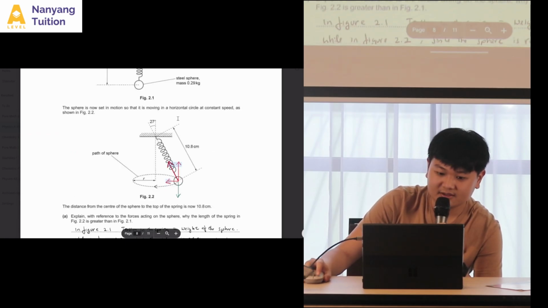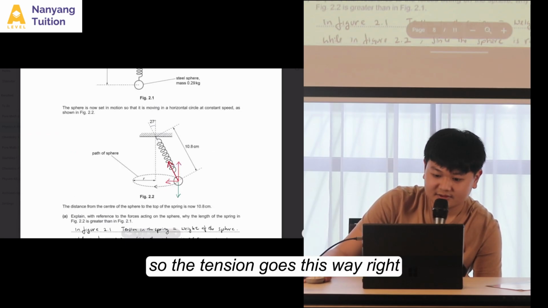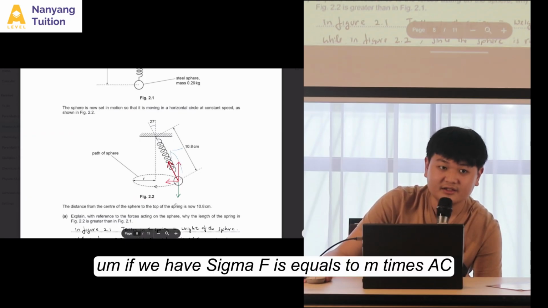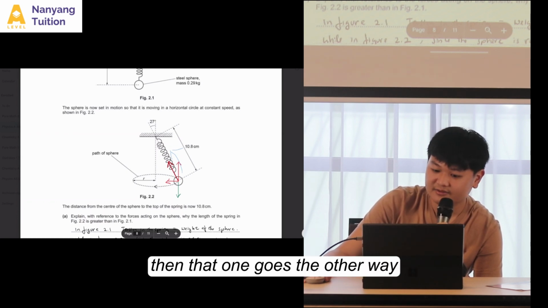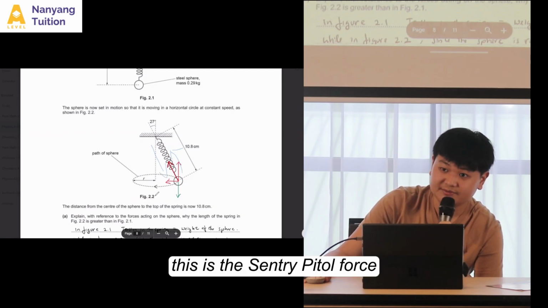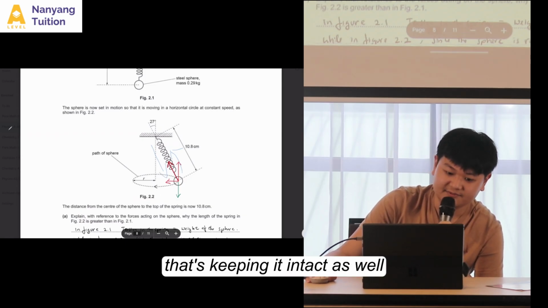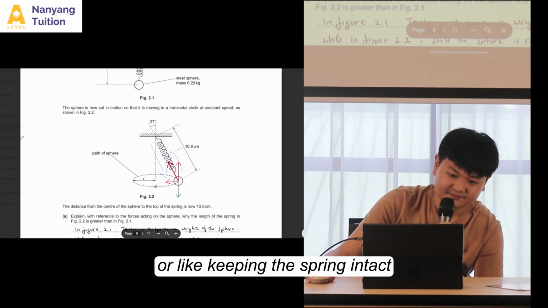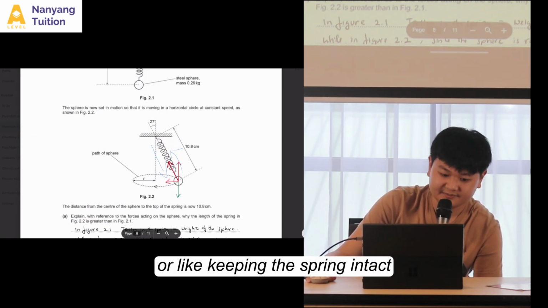The tension goes this way, right? If we have sigma F equals m times a_c, then that one goes the other way. This is the centripetal force that's keeping the spring intact.